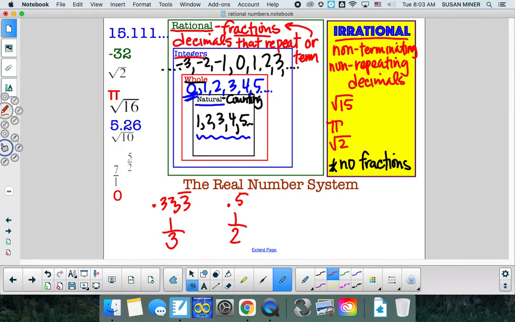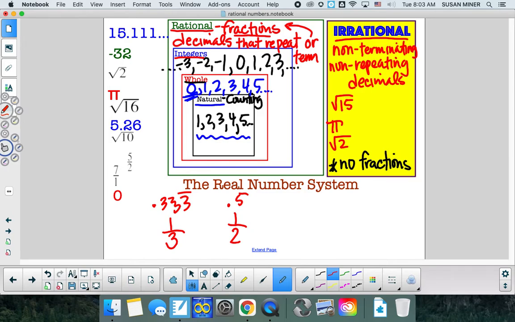So I can take my decimal numbers and turn them back into fractions, and as long as they're repeaters or decimal numbers that stop at some point, I can turn them back into fractions. So any decimal number that represents a fraction is also rational.